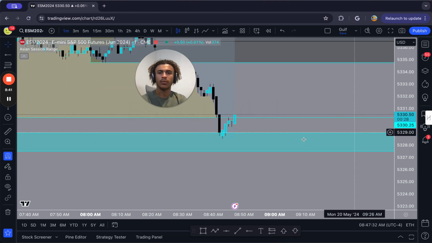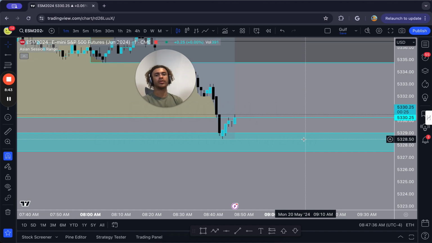The 1 minute is very useful to monitor volume. I wouldn't recommend entering trades on the 1 minute, but I would recommend using it to monitor volume. So we're getting some volume here.